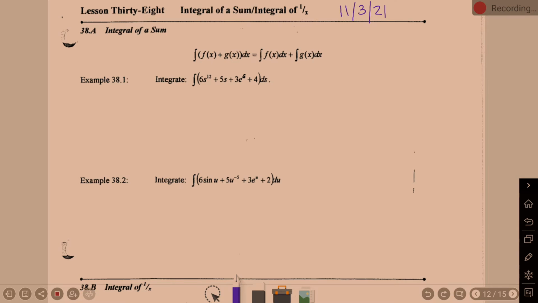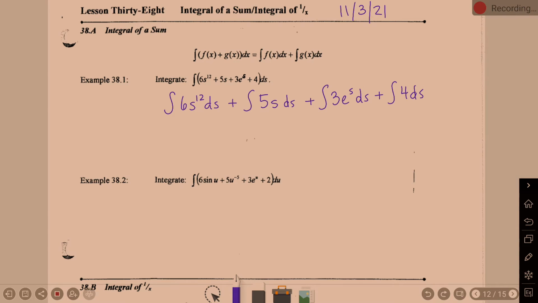And again, not that I expect you to do that every problem you do, but that's what I'm going to do just for today, just to understand the equivalence here, is that this can be broken up into the integral of 6s to the 12th ds plus the integral of 5s ds plus the integral of 3e to the s ds and plus the integral of 4 ds. So that's basically what today's rule is saying, is that one big integral can be broken into multiple integrals as long as we're talking about a sum.